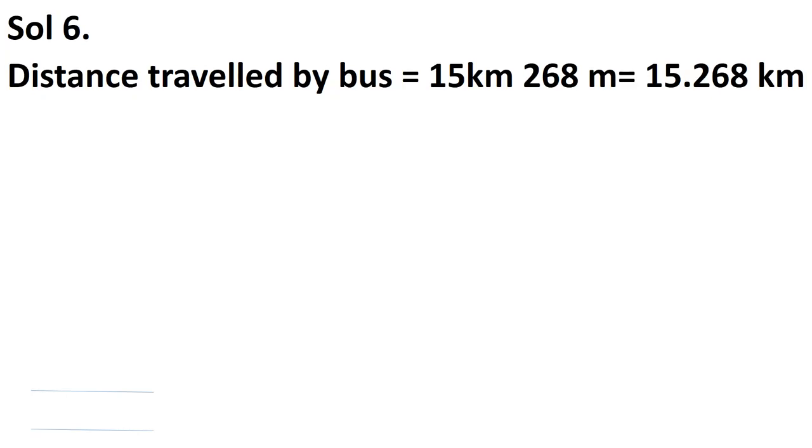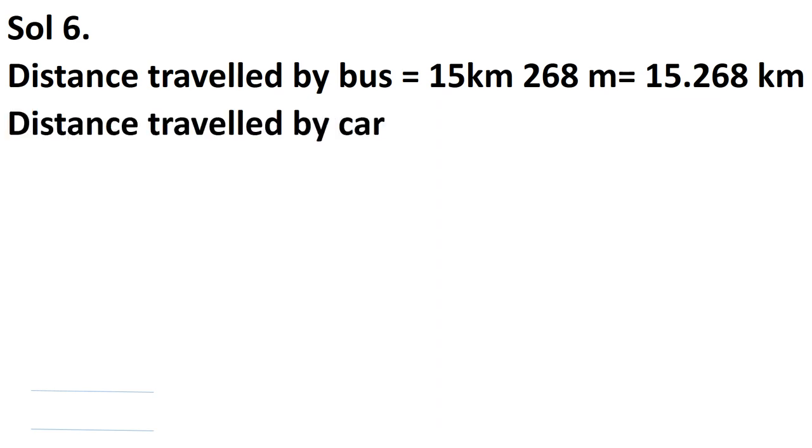How far is her school from her residence? In this question, you have to write down decimal numbers very carefully when you are converting this distance in decimal. Distance traveled by bus is 15 kilometer 268 meter, which is equal to 15.268 kilometer.